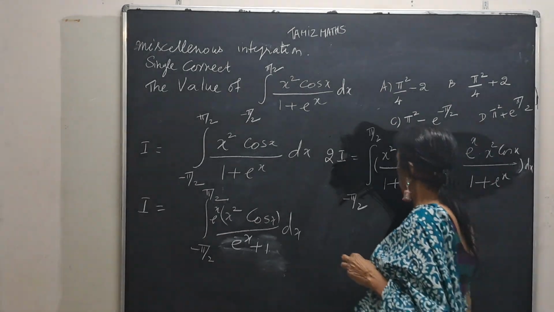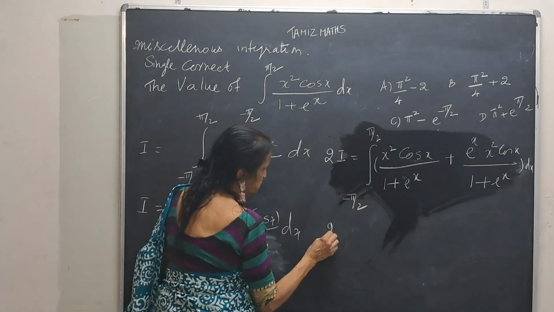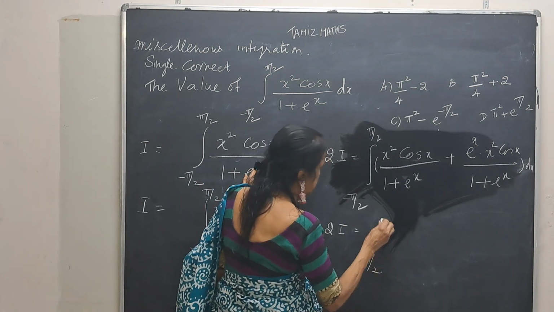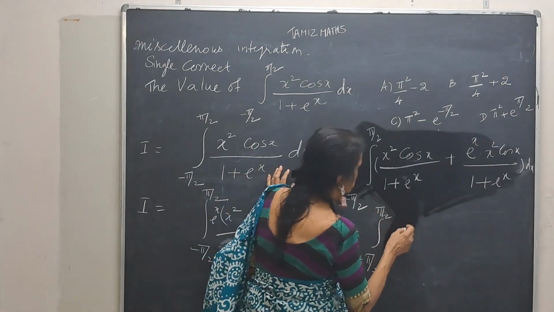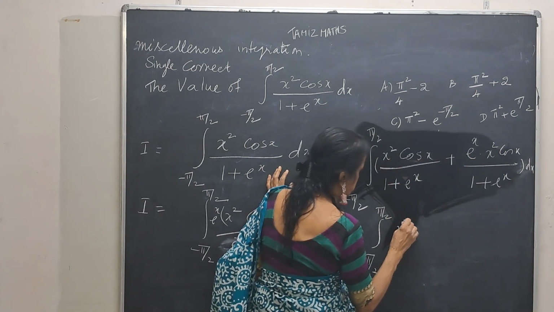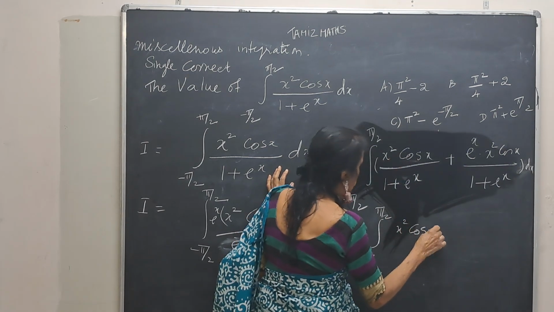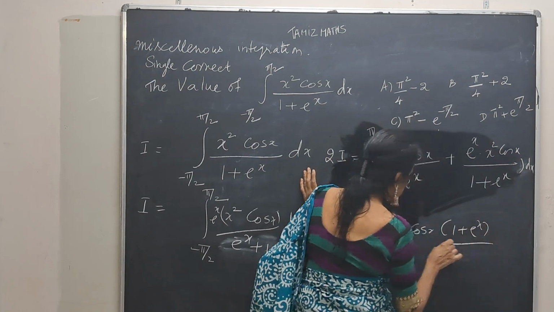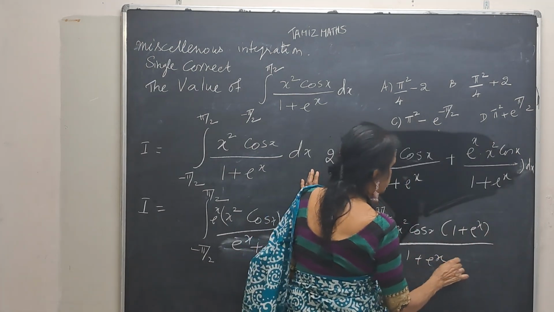So this will be 2I is equal to same LCM. So minus pi by 2 to pi by 2, x square cos x you take outside, 1 plus e power x by 1 plus e power x dx.